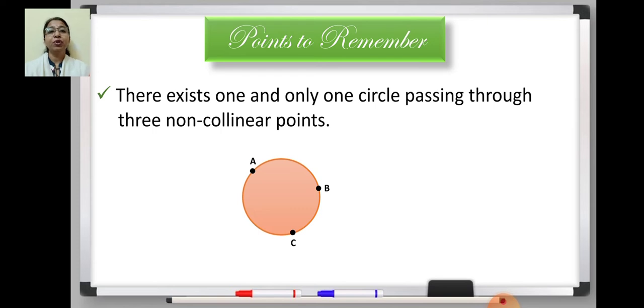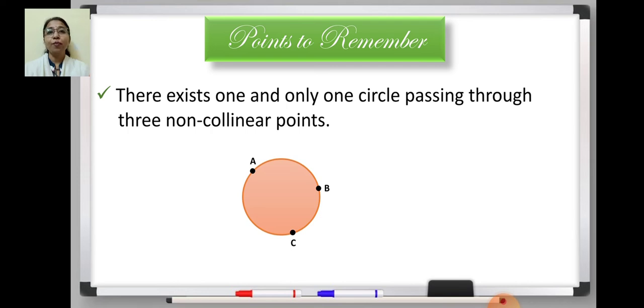And if you remember how we have drawn this circle, what we do? We join these points to get two line segments, like either you join segment AB and segment BC, or AC and BC, or AB and AC. Anyway, try to get two segments.